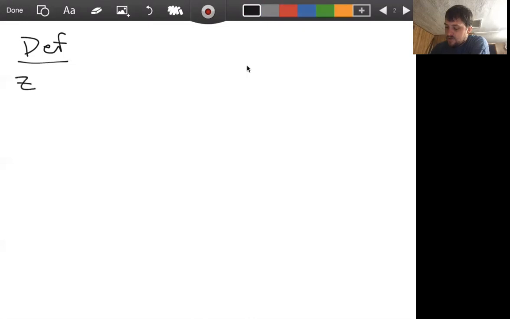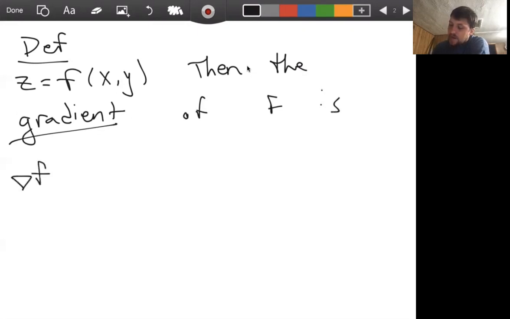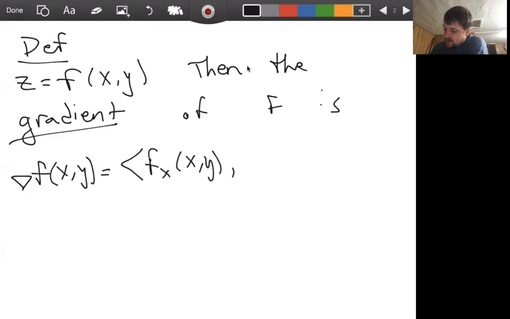So if we have z equals f of x, y, a function with partial derivatives that exist, then the gradient of f, grad f or nabla f of x, y, is defined to be the vector f sub x, f sub y.